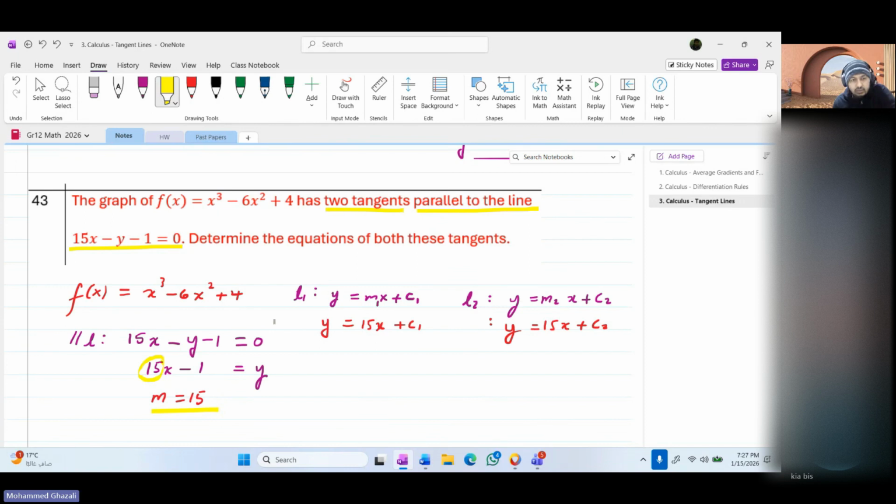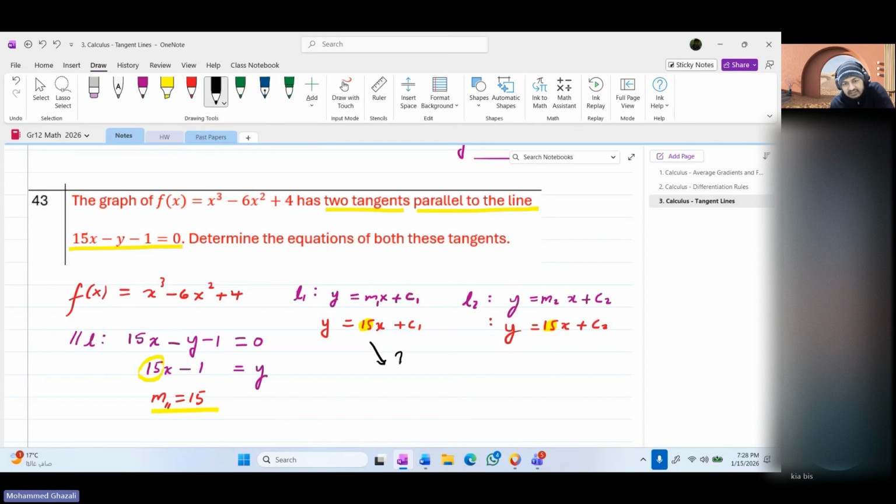Parallel lines have equal gradients, and it must be the same in line L1 and L2. But now the question is, are lines L1 and L2 also tangent lines?